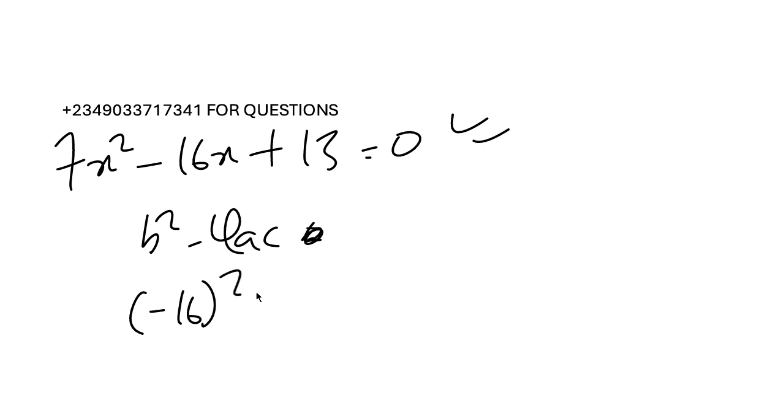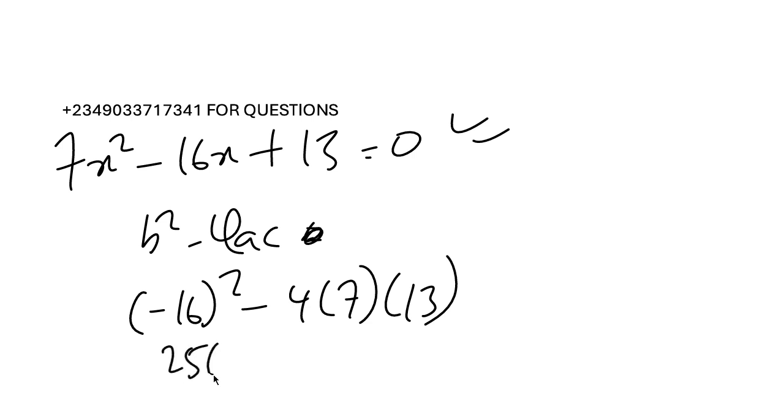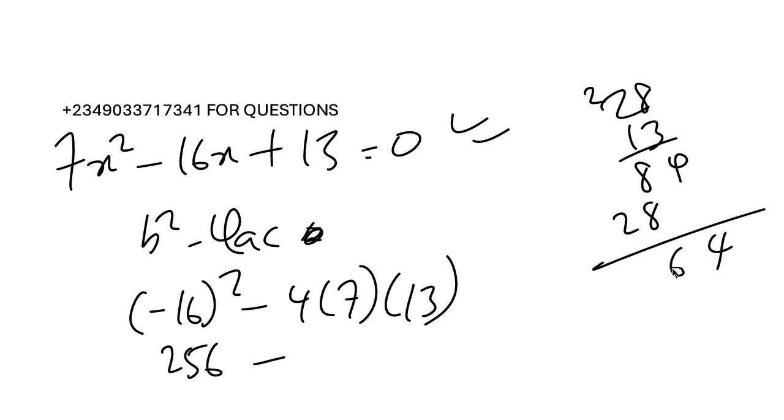negative 16 all squared minus 4 into 7 into 13. Negative 16 squared, the negatives cancel, 16 squared is 256, right? 4 times 7 is 28, and 28 times 13 gives us 364.